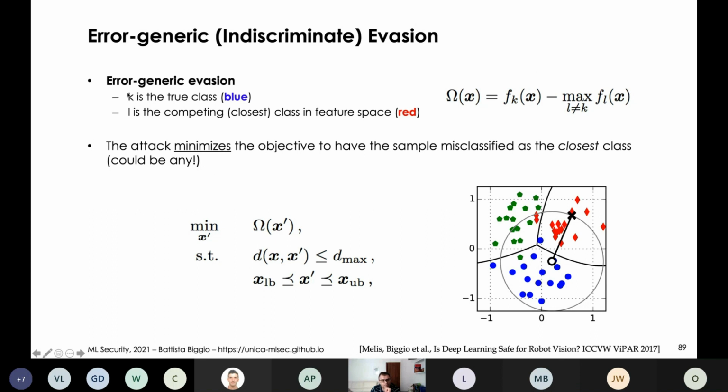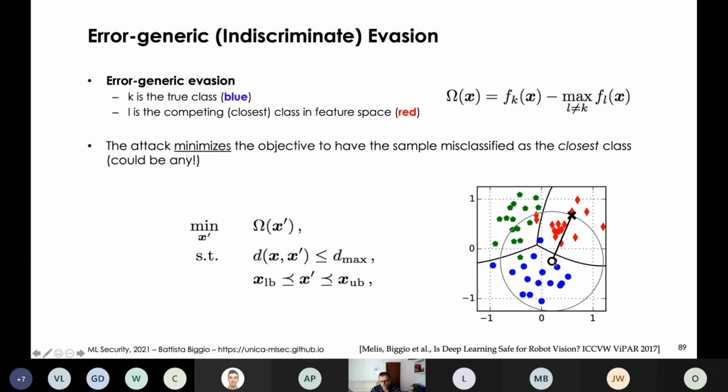K is the true class. So I'm starting from a point here in the blue class. The true class is blue, and the attacker wants to reduce this score as much as possible. This is exactly the same we have seen before. You had the malicious class score, and the attacker wanted to decrease this as much as possible.